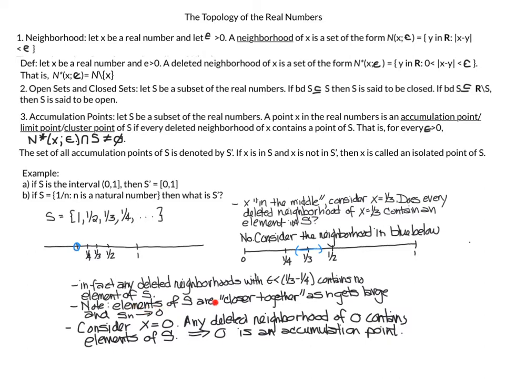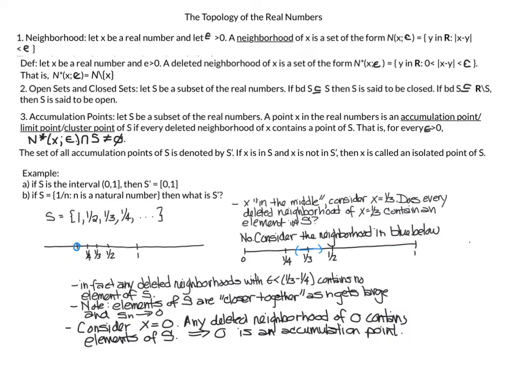And as I said, the elements of S are very close together by the time we get to 0. And in fact, they're arbitrarily close, meaning no matter how small of an epsilon you choose, there will be some element, 1 over n, in the deleted neighborhood of 0. So any deleted neighborhood of 0 will contain elements of S because the elements of S are getting super packed in. So 0 is an accumulation point.